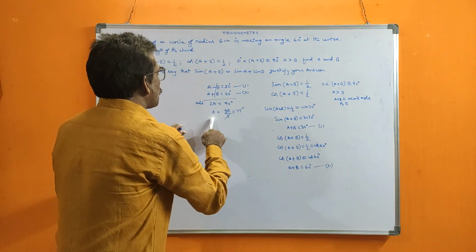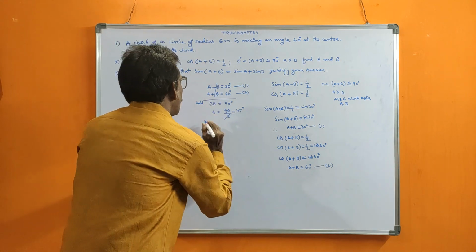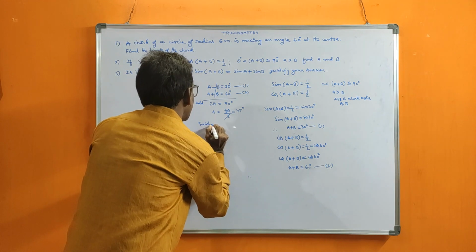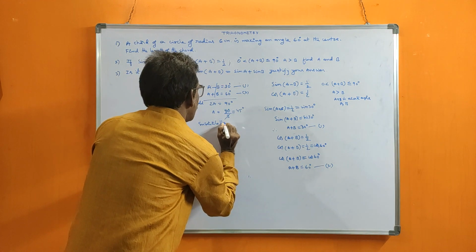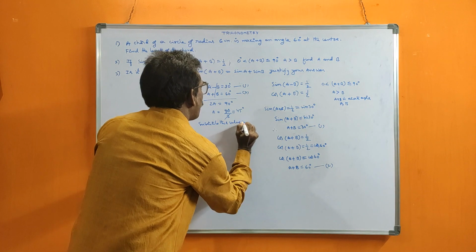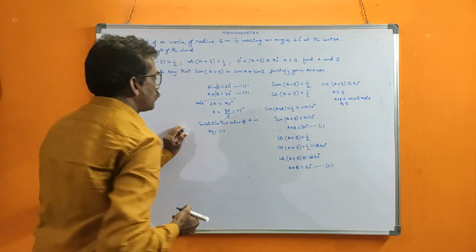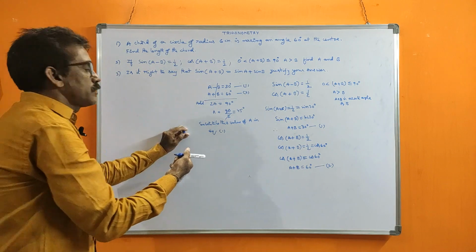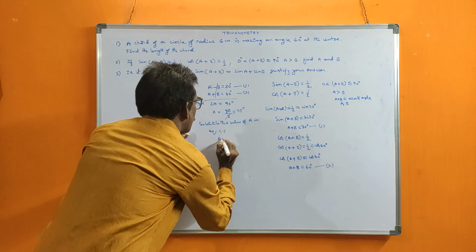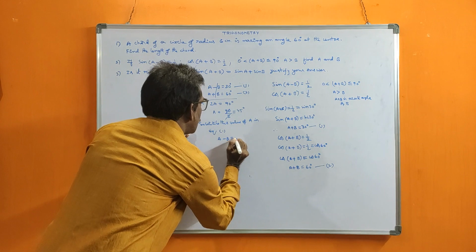Once you got one value, substitute this value of A in equation 1 or 2. You can substitute anywhere. I am taking the first one: A-B is equal to 30.